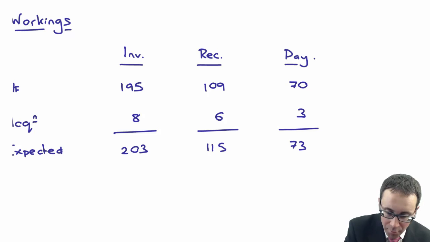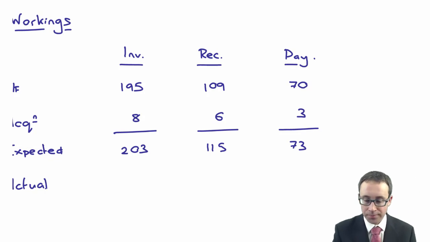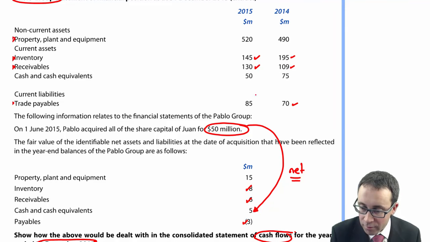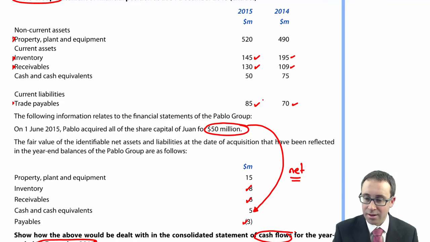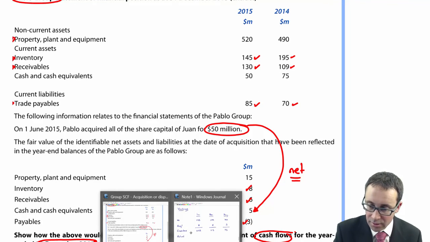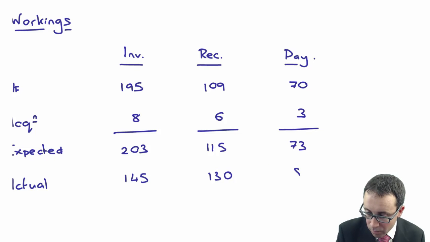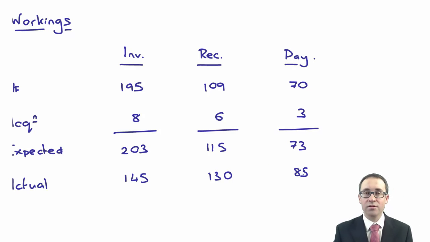Okay. We then go through there, don't we, and compare that to the actual. Okay. So if we go through there and look at the actual, it's 145, 130, and 85. So 145, 130, and 85.